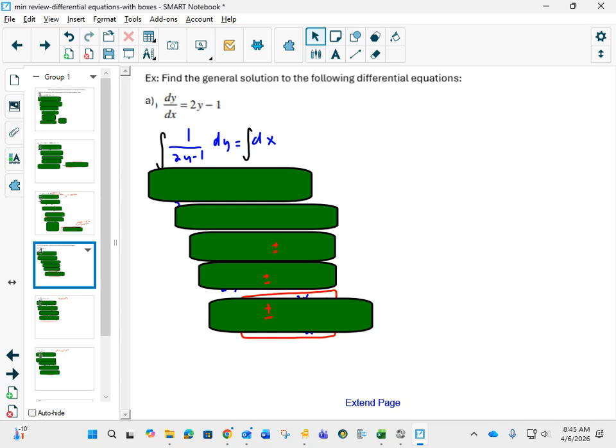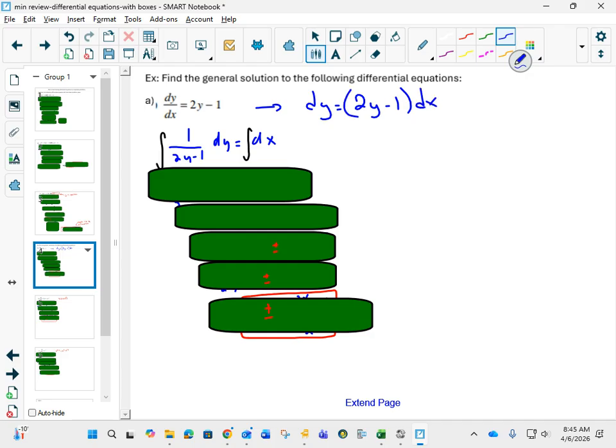As an initial step here, if I just separated the dy and the dx by moving the dx over to the right side, that 2y minus 1 would have been in brackets. And I can't just move the 2y over to the other side.